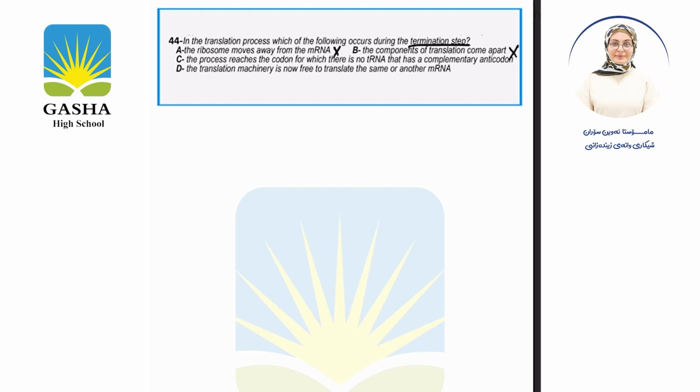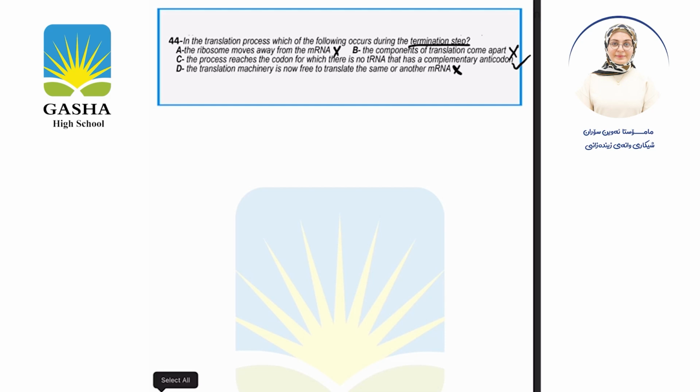C, the process reaches a codon for which there is no tRNA that has a complementary anticodon. That one is true. As you know, for a stop codon there is no tRNA, so it will not take any amino acid. This is called a stop codon. So this one is true. D, the translation machinery is now free to translate the same or another mRNA. No, it's not. This one also is false.